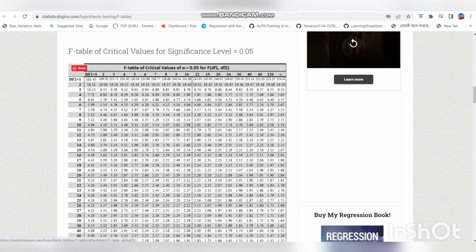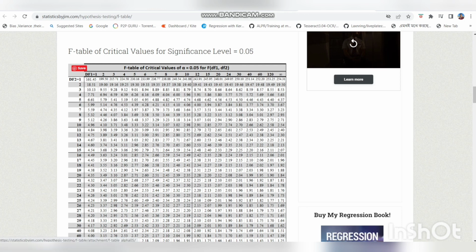And K minus 1, that is 2, is the degree of freedom amongst groups. So our corresponding F value for degree of freedom 2 and 9 is 4.26.